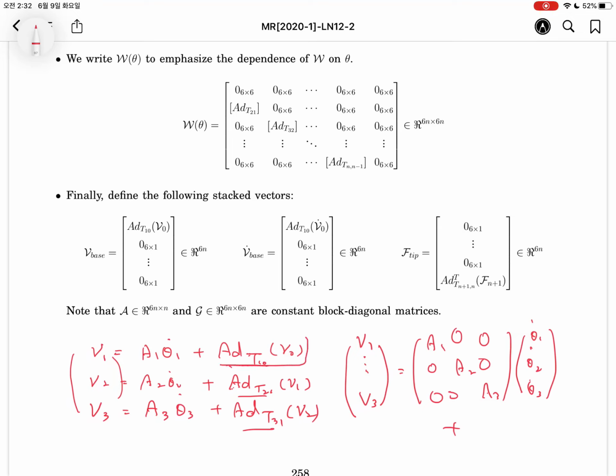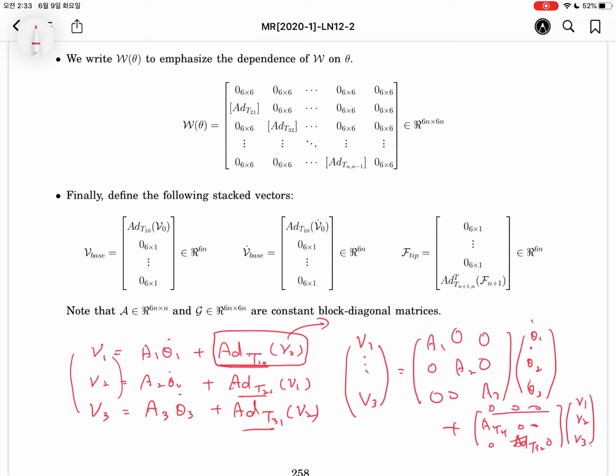Okay, this is the initial condition, so let's extract. The remaining terms will be 0, 0, 0 and the other joint T21, 0, 0, 0, T32, 0, and then V1, V2, V3.